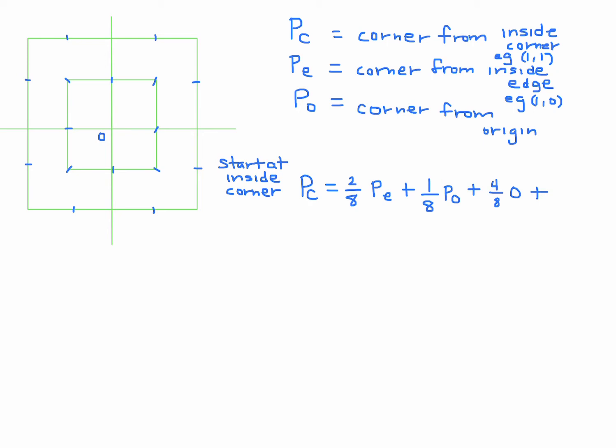And then finally, when we start at the inside corner, the probability of getting to the corner we are trying to reach, obviously there's only one way, and each move has a probability of 1 over 8. And there we go. So this would be PE over 4 plus P0 over 8 plus 1 over 8.